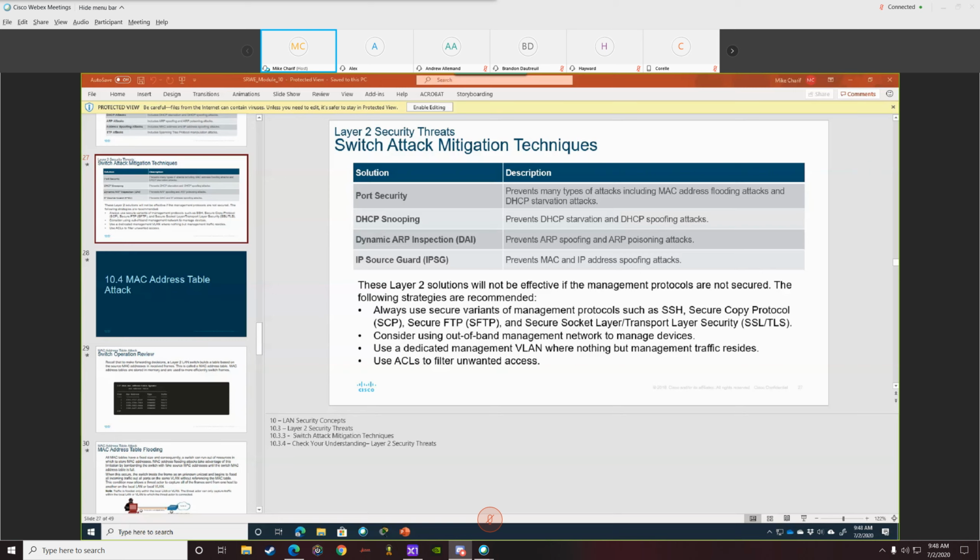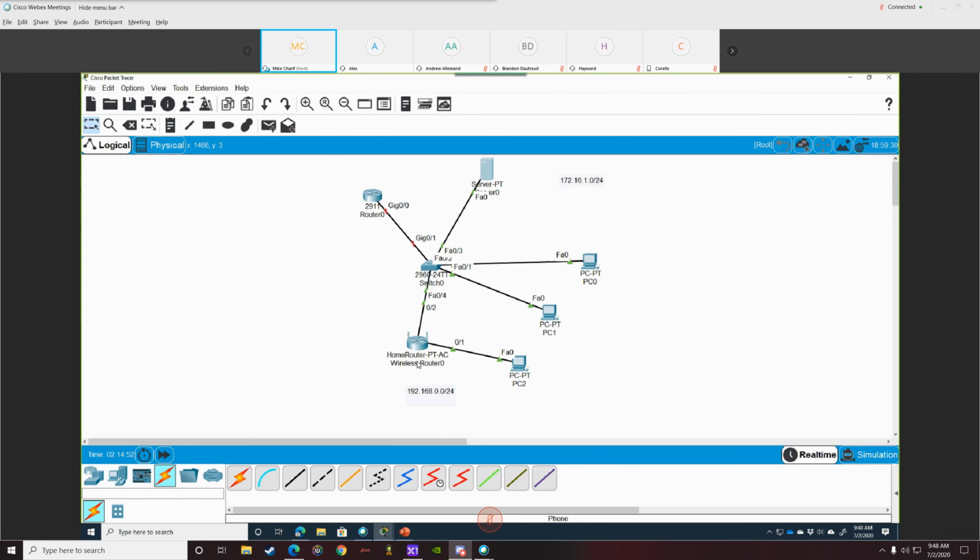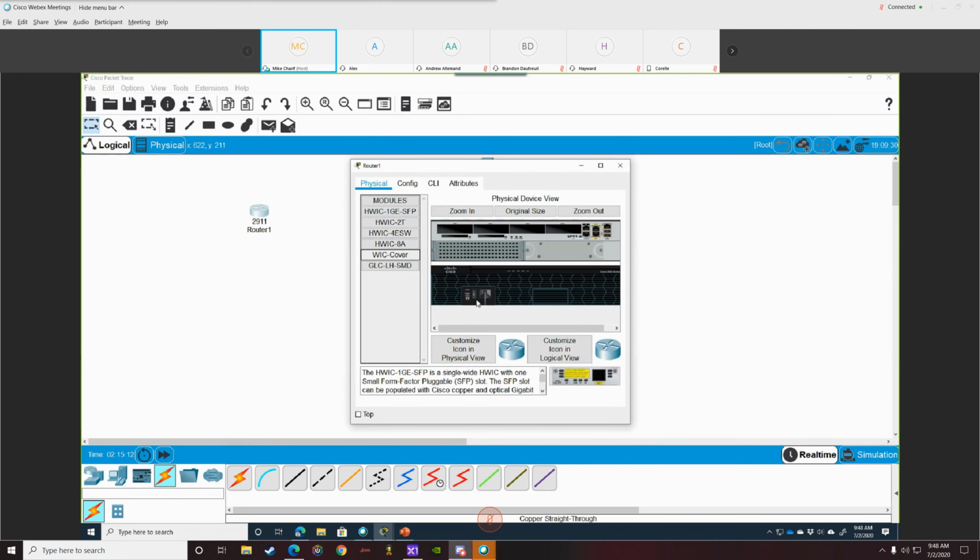So how is that happening? Let's see. Suppose I have, let's see, how I want to do that. You can put another router, for example, here. I don't have a serial interface, so we can shut it down and put a serial interface here.